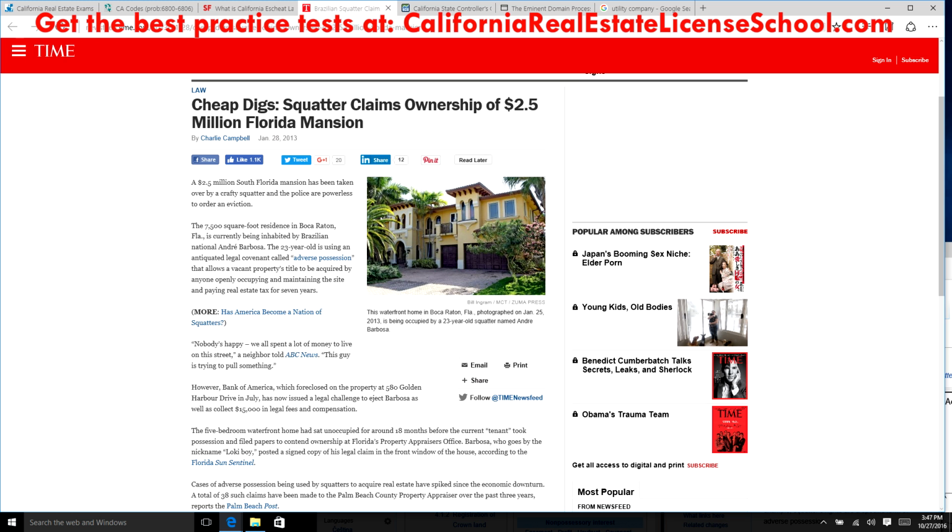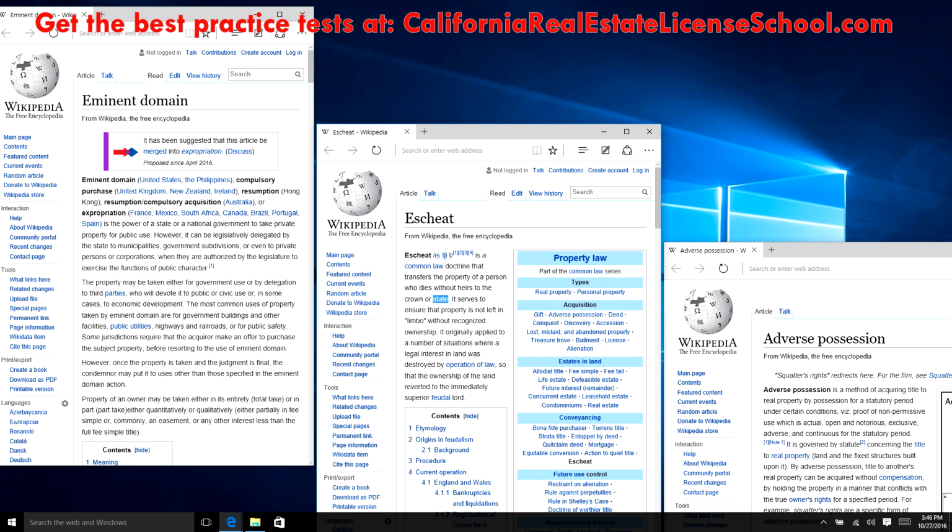Think of this homeless guy getting into this beautiful home and trying to take the title of it legally, and the police cannot put him out because they have to wait until they see if his legal action is successful or not. So that's adverse possession. You will have these 3 terms in the California real estate exam.